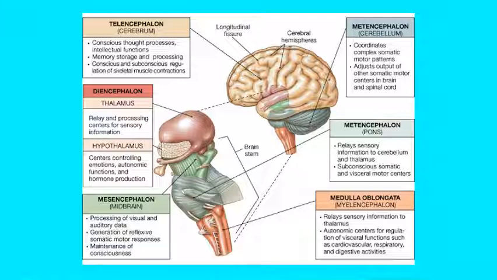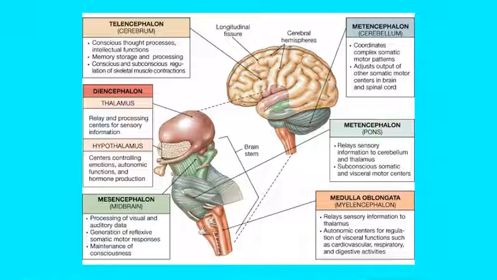So again, these are the 5 major divisions of the brain. You have the myelencephalon, or the medulla, the metencephalon, which includes the pons and the cerebellum, the mesencephalon, or the midbrain, the diencephalon, which contains the thalamus and the hypothalamus, and the telencephalon, also called the cortex or the cerebrum.